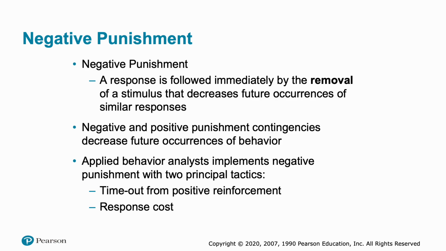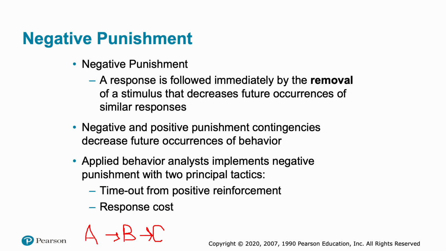Okay, so if we have our ABC contingency, right? Our antecedent, behavior, and consequence. Let's say a particular behavior occurs. The stimulus that follows is going to be a stimulus that's being removed.